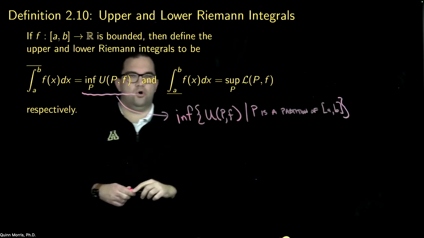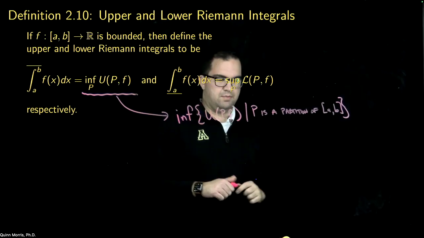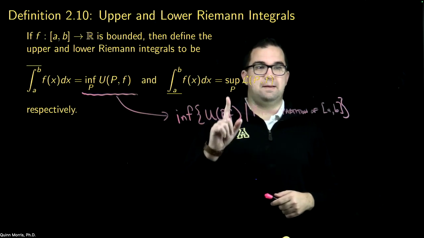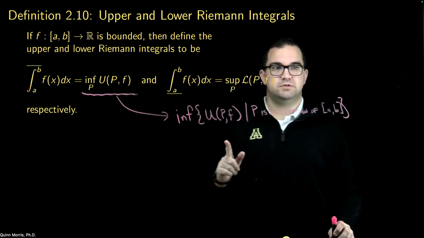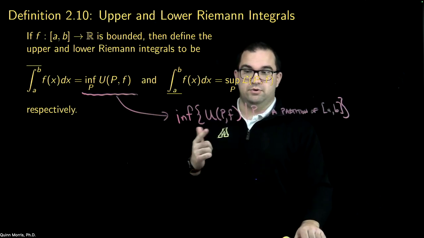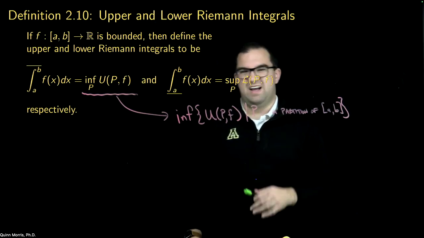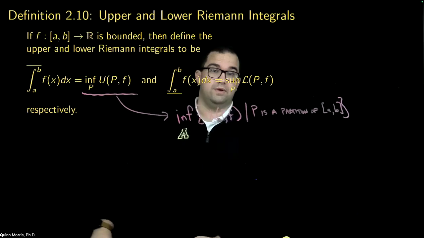So how do I know that this infimum exists? Well, if I knew that this was a non-empty bounded set of real numbers, then I would know that the infimum has to exist. And in fact, I really just need bounded below here.